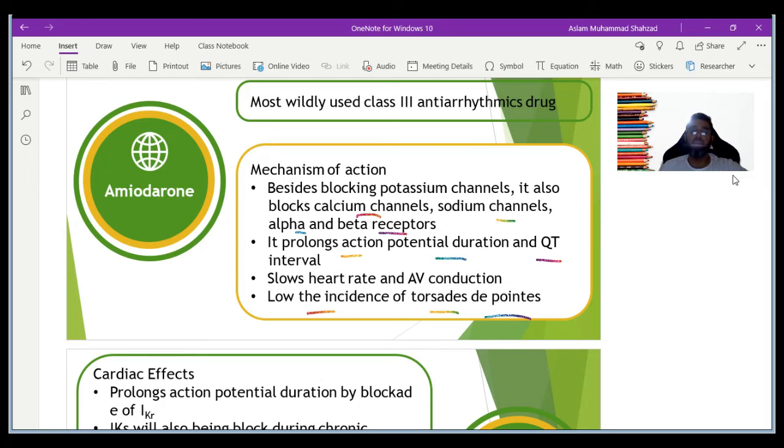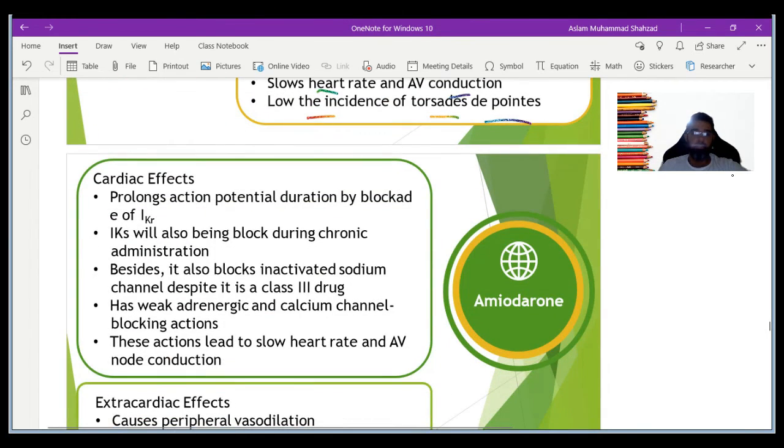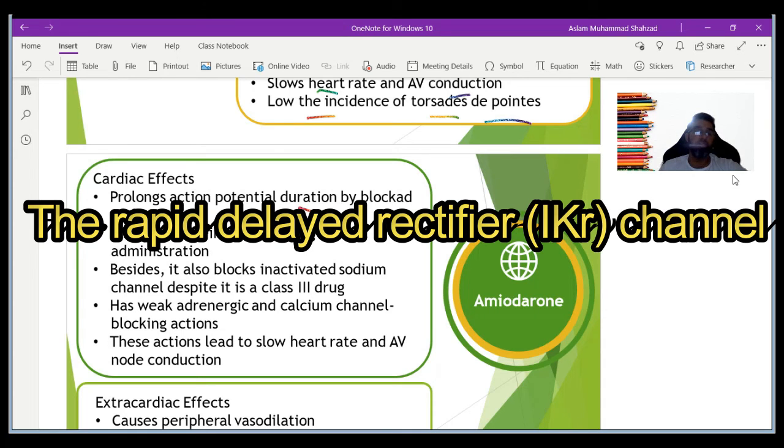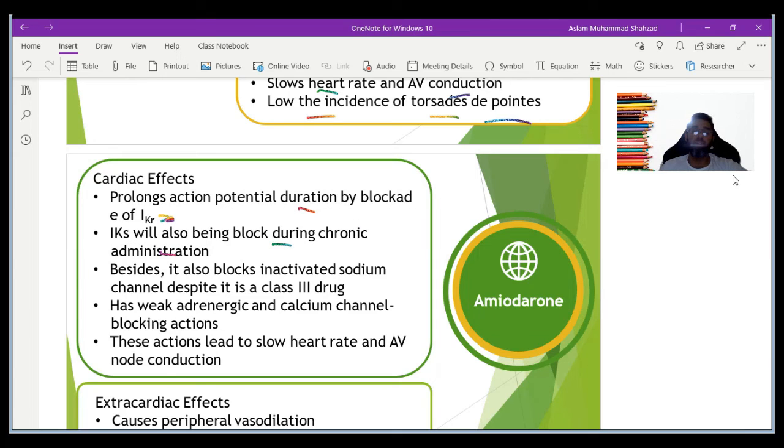They are also responsible for slowing heart rate and AV conduction as well. So the cardiac effect consists of prolongation of the action potential duration by blockage of the IKr, or the potassium channels. IKs will also be blocked during chronic administration, because it also blocks the inactivated sodium channels, despite belonging to class 3.